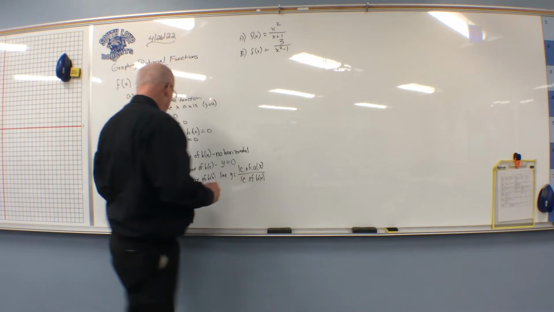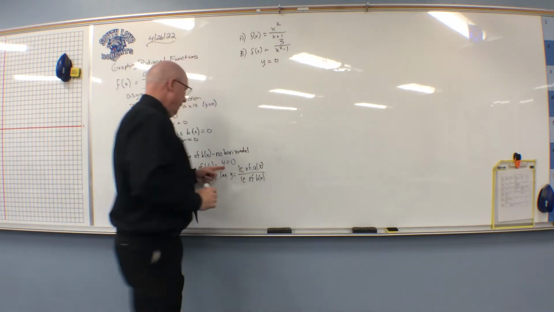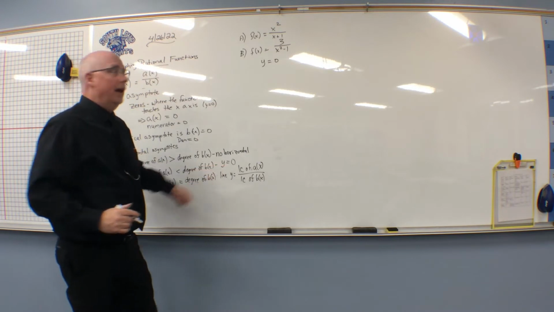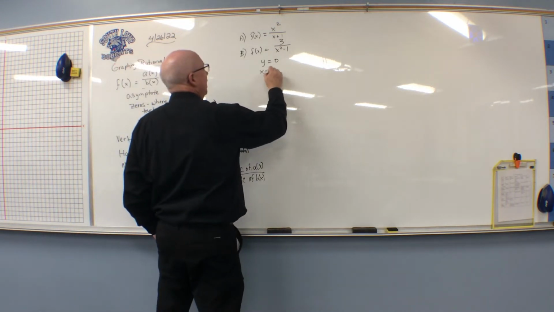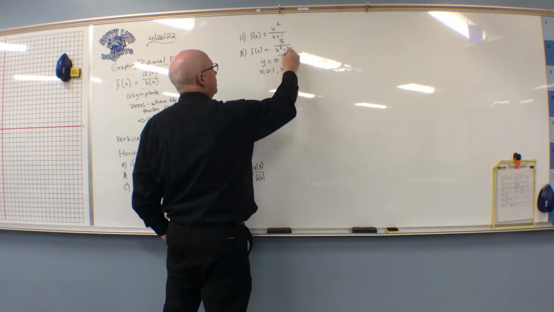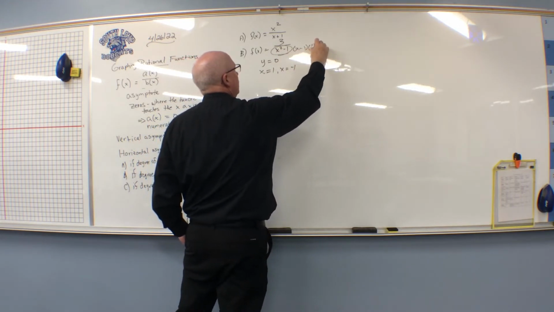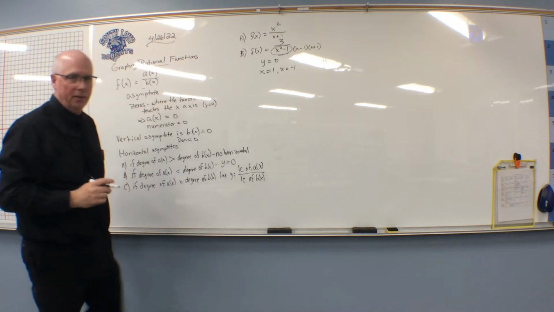Basically, we have 3 asymptotes. The first one is y equals 0. That's our horizontal asymptote, right? And then we also have x equals 1 and x equals negative 1, because you can factor this as x minus 1 times x plus 1. Do you see where the vertical asymptotes are coming from?